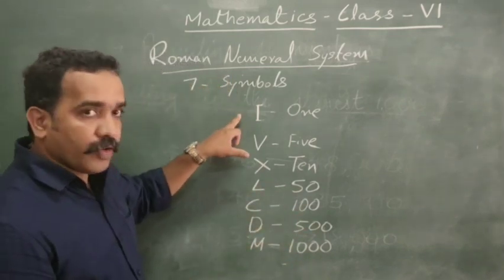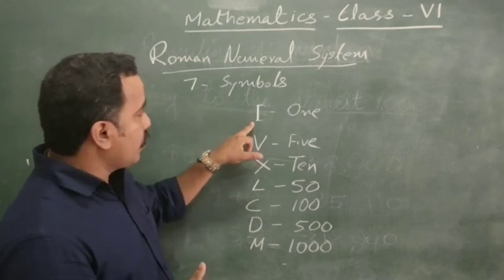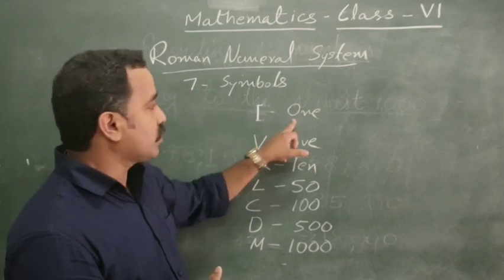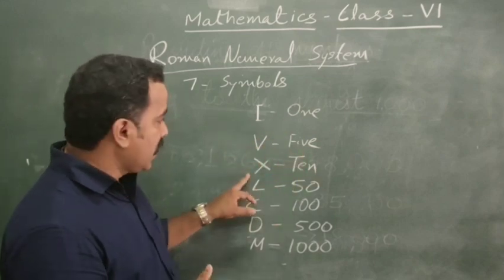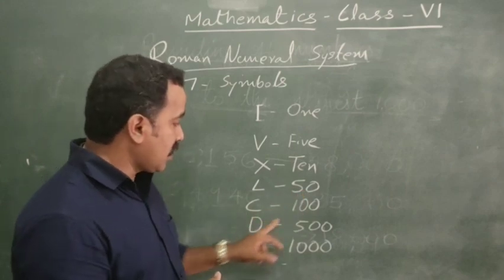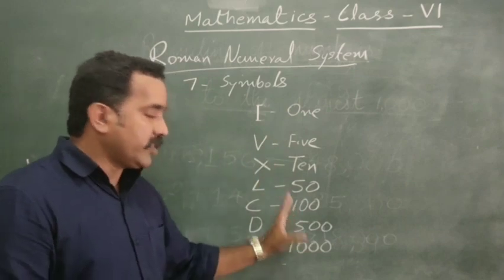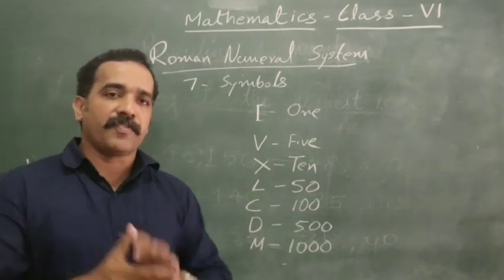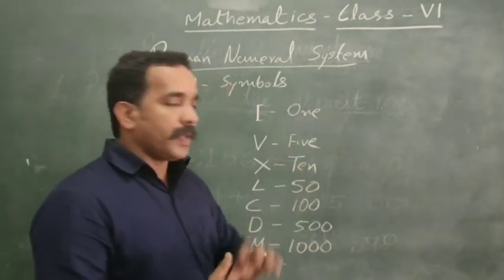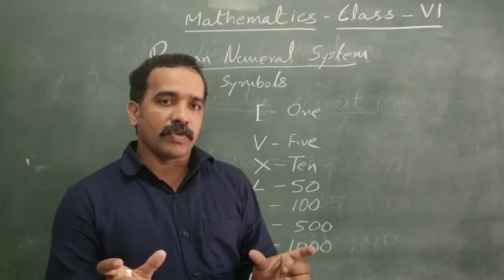Each symbol represents these values: I represents 1, V represents 5, X represents 10, L represents 50, C 100, D 500, M 1000. So each symbol has a specific value, and when we are forming a number using these symbols, there are no place values.